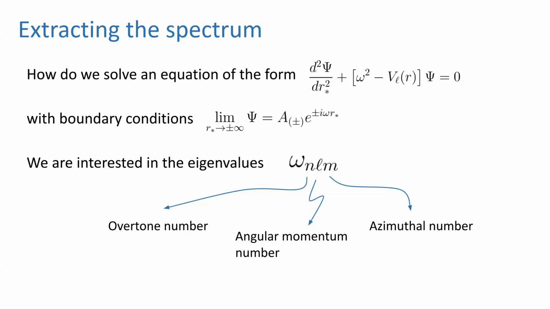The first one is the overtone number. This is just an ordering of the decay time of the mode. The higher the overtone number, the faster the decay. And then the other two correspond to the angular modes: the angular momentum and the azimuthal number.